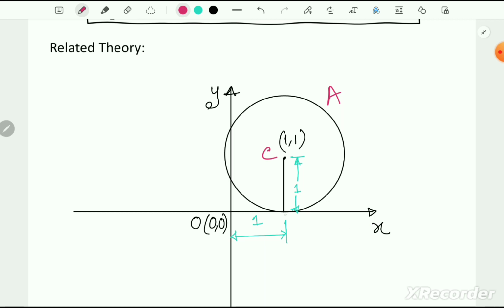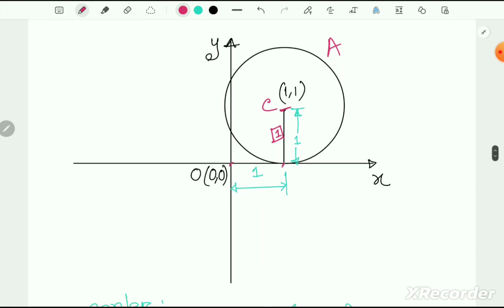So if it touches the x-axis, that means the distance here, take a look, this is the center, so the distance from this point to this point is 1, and from this point to the center the y value is also 1. So this actually represents the radius, right?